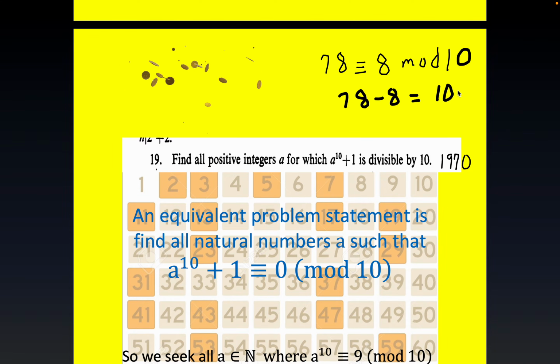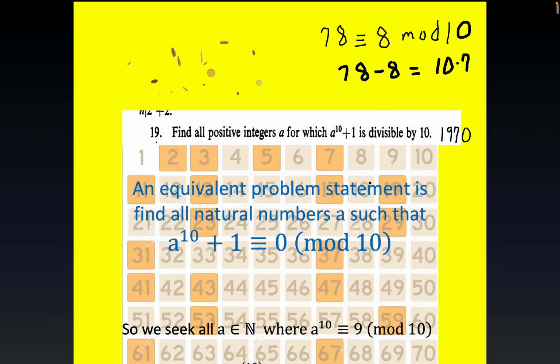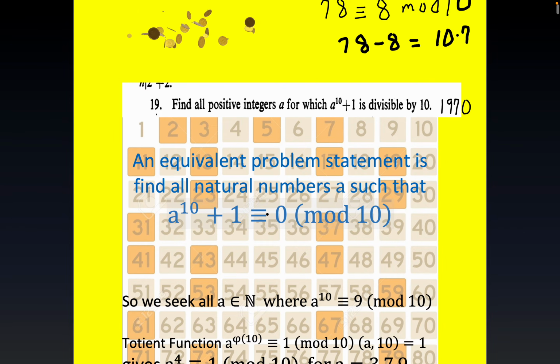Now you don't always have to think of it like this, but that's why these numbers are the same in modulo 10. 78 and 8 are the same modulo 10. Okay, so let's keep that in mind as we move along. Now, we're looking for all positive integers a such that a to the 10th is congruent to 9.